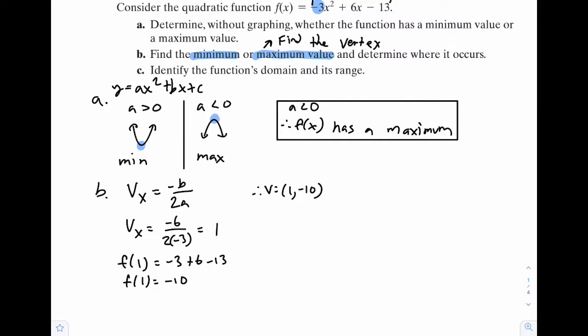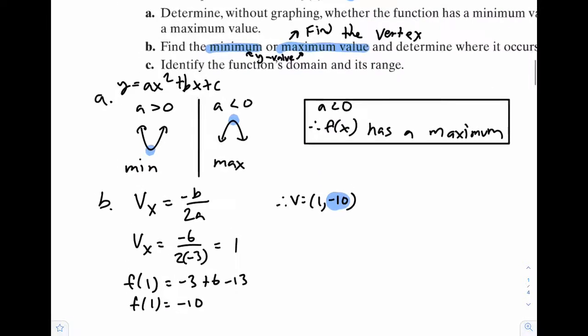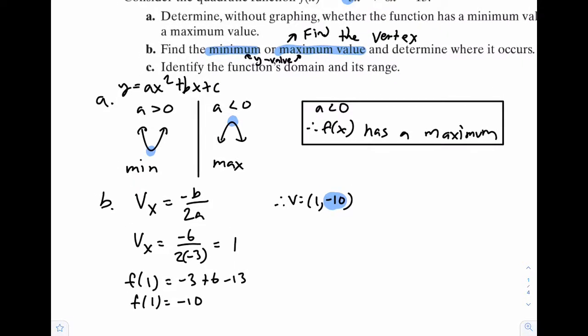Now from there, we can answer the question. It says find the min or max value. And the min or max value is always going to be the y value. So if you ever see this notation here, like min, max, what that really refers to is, again, the y value. Now remember, we said earlier that this has a maximum.